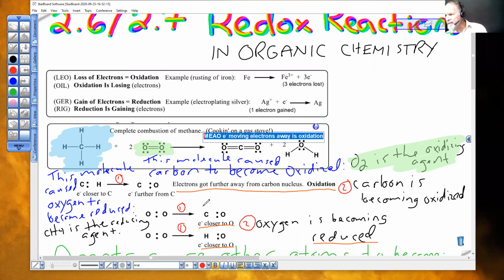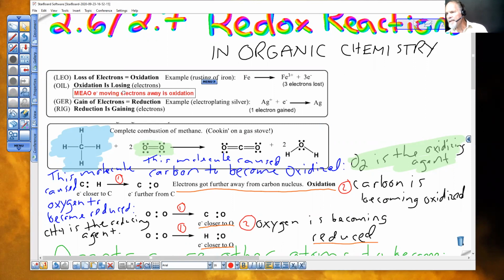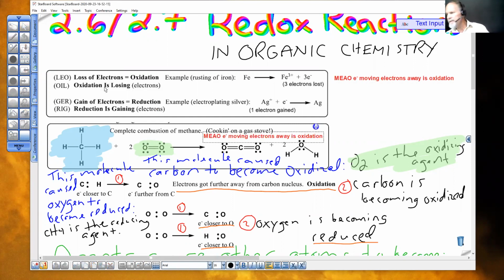And copy and move it. Moving electrons away is oxidation. That's our new one. I'll put it over here. Organic chemistry. And what about the reduction? Moving electrons closer is reduction. Oops, that dash was just a dash, it wasn't supposed to be an electron symbol.